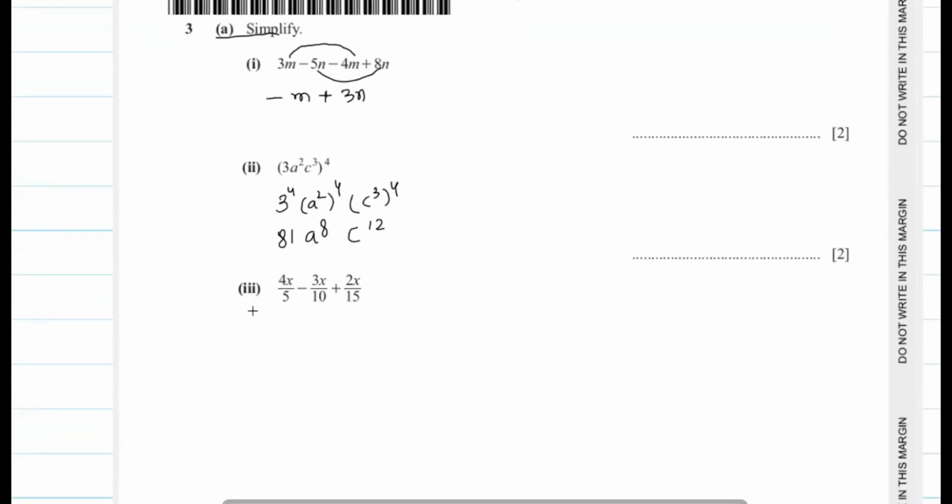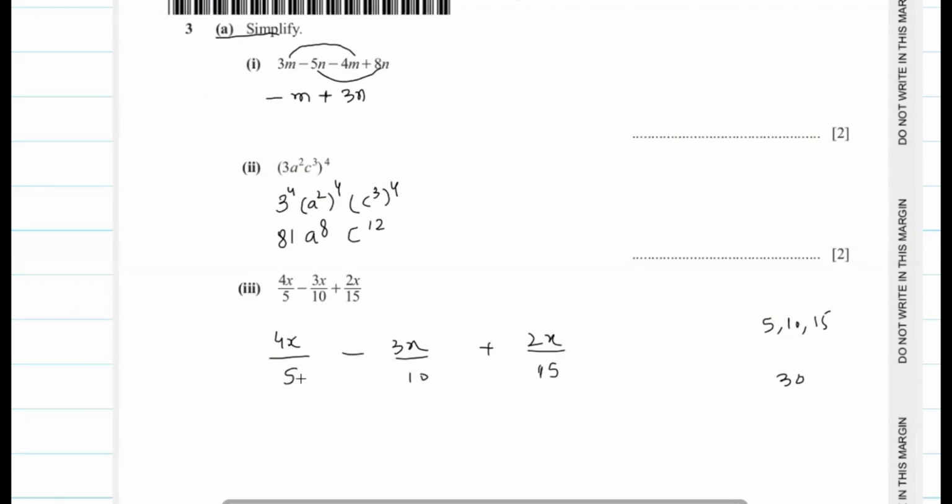Next, simplify these fractions. The fractions here are 4x over 5, and -3x over 10, and this fraction is 2x over 15. We can simplify by making the denominators of all these fractions the same: 5, 10, 15. When we take the LCM, it will be equal to 30.